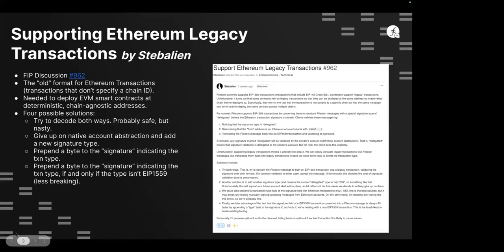Yeah, so this is just a quick discussion around supporting legacy Ethereum transactions in Filecoin. At the moment, Filecoin supports EIP 1559 transactions by, well, a complicated mechanism. Basically, we originally intended to add native support for a form of account abstraction.